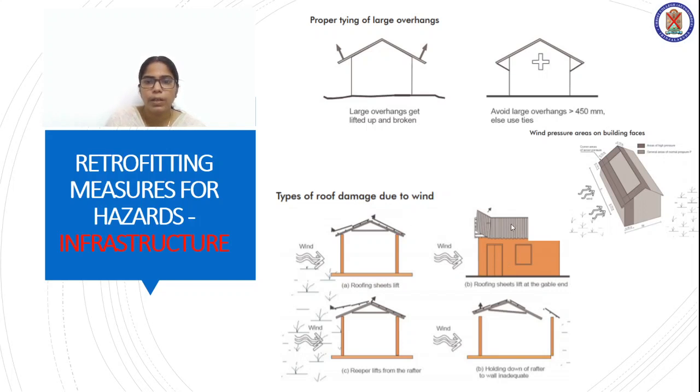If it is not holding, the roof sheets may fall off, like in this case, and the lifting may happen to the roof, and this may not be holding to the wall. If the holding is inadequate, the roof will fall off easily. So the roofing should be considered in a wind prone area.